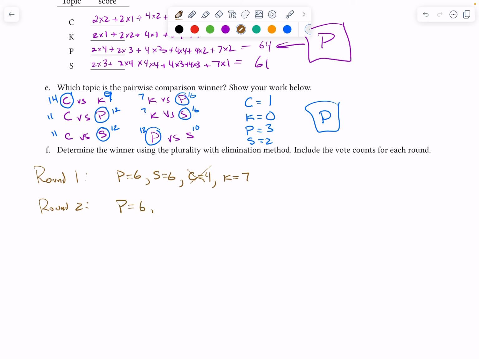So S equals 10, K equals 7. So now P gets eliminated. And we're down to round 3.